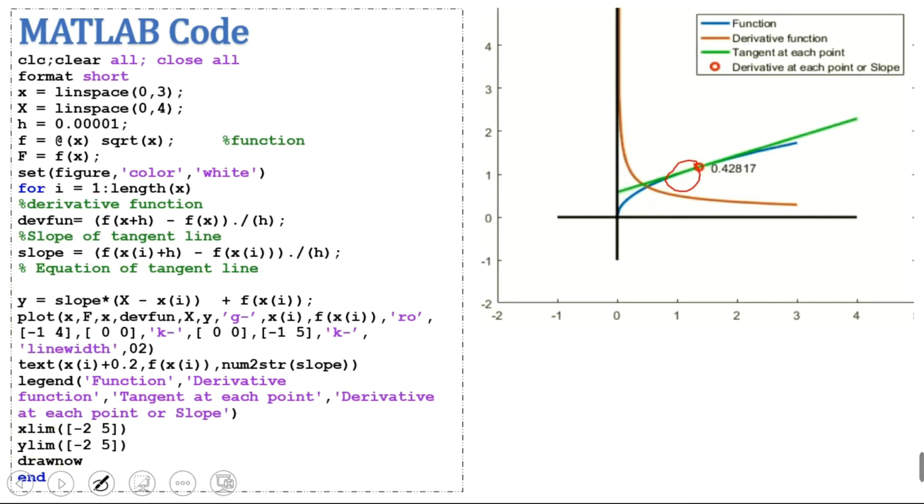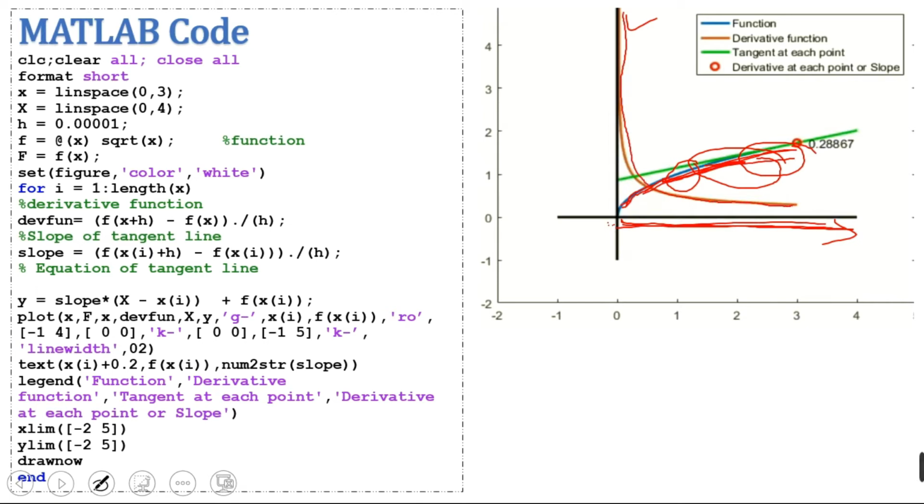We also see that the derivative is decreasing. This is the graph of the derivative function, and this is the graph of the given function. As x is increasing, the function is increasing, but the derivative of the function is decreasing.